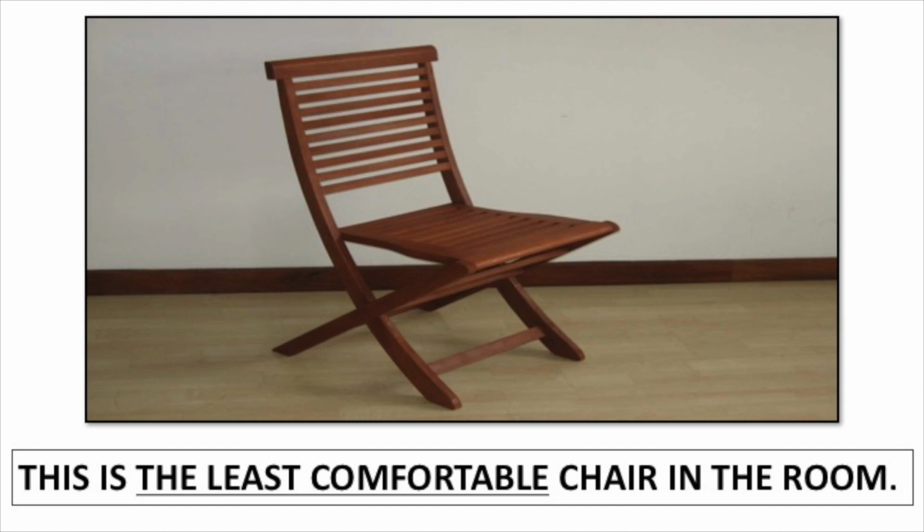We say, this is the least comfortable chair in the room. Out of all the chairs in the room, about 15 chairs, this is the least comfortable. So we use superlatives when we talk about extremes, the most and the least.